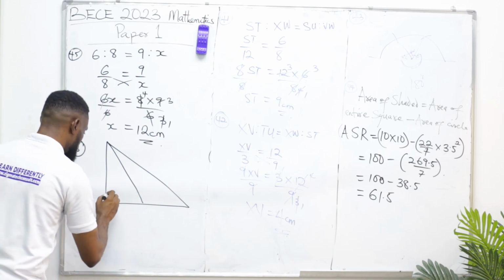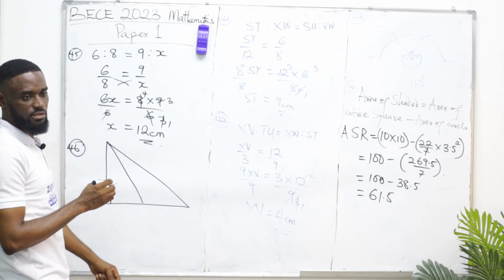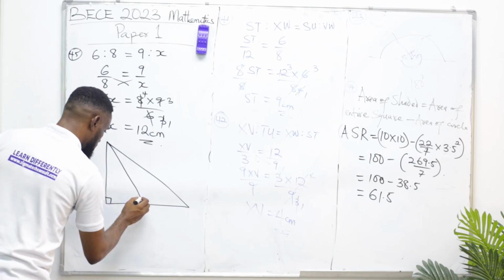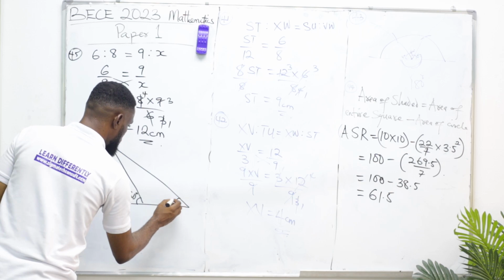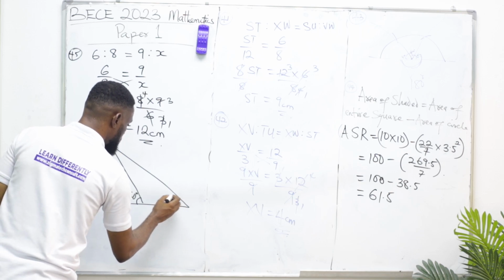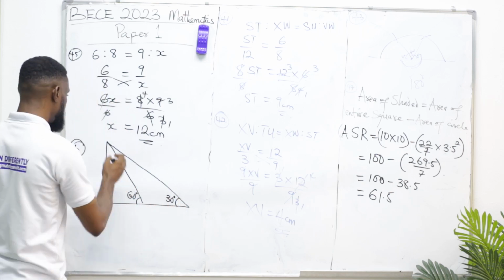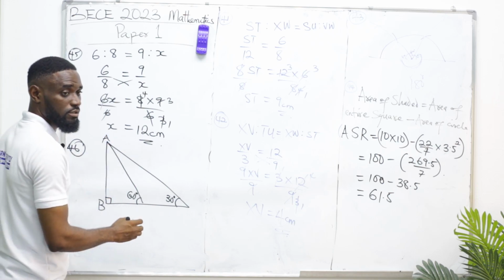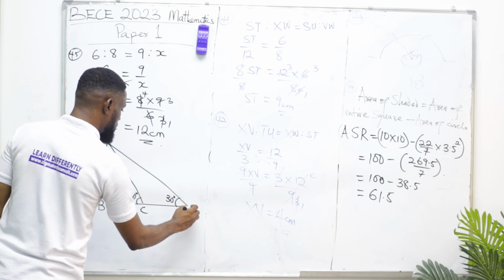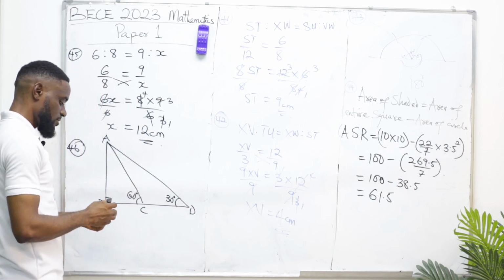All right, this is 90 degrees, that bench there. Then here is 60 degrees. Then here 30 degrees, right? Then here is A, B, C, and D, right?